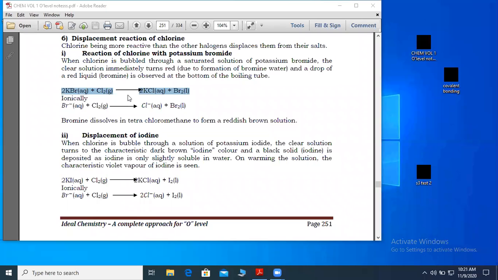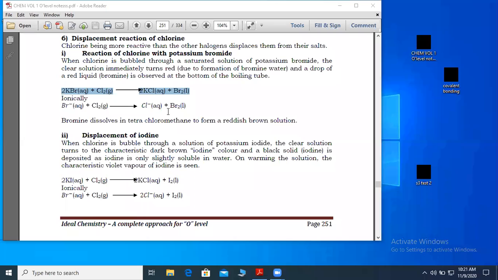Chlorine is more reactive than bromine. Yes. So it displaces bromide ions from potassium bromide, forming a solution of potassium chloride, and a red liquid of bromine.